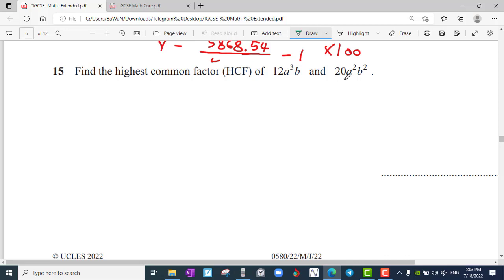For the numbers 12 and 20, the highest common factor is 4. 4 is the largest number that can divide 12 and 20. For a cubed and a squared, a squared is the highest common factor. And for b and b squared, b is the highest common factor. So the answer is 4a squared b.